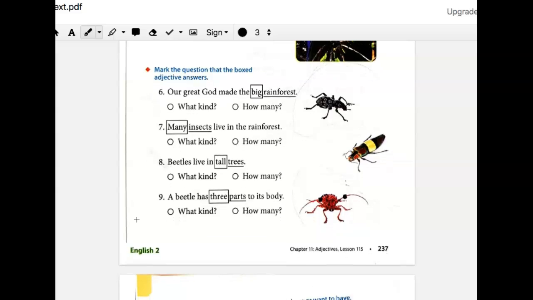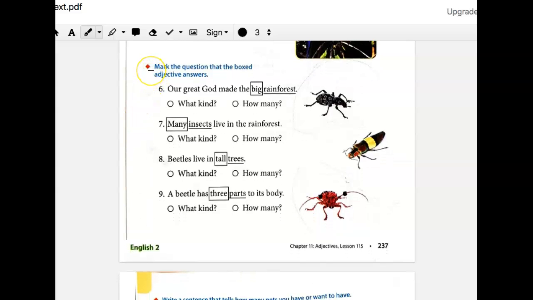Let's move on to number 6. What you're going to do is mark the question that the boxed adjective answers. So let's read sentence number 6. Our great God made the big rainforest. So we have the noun rainforest underlined, and the adjective big describes rainforest.